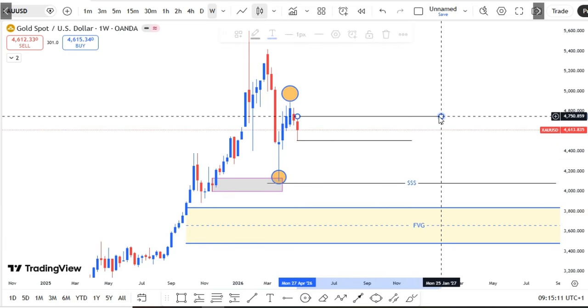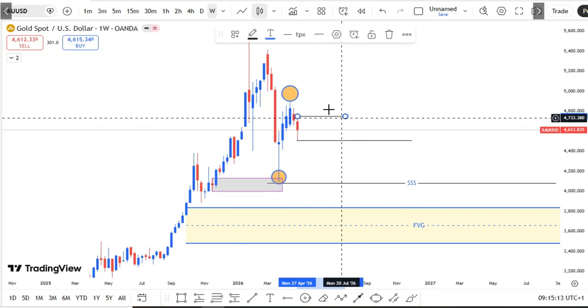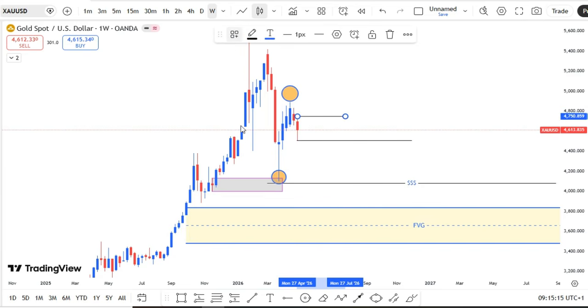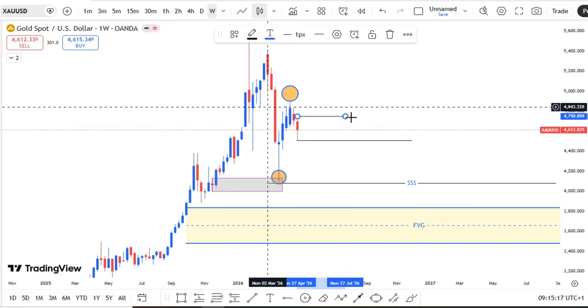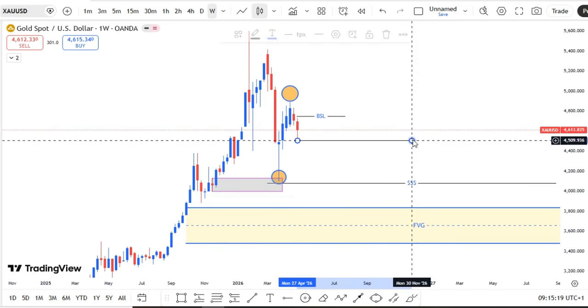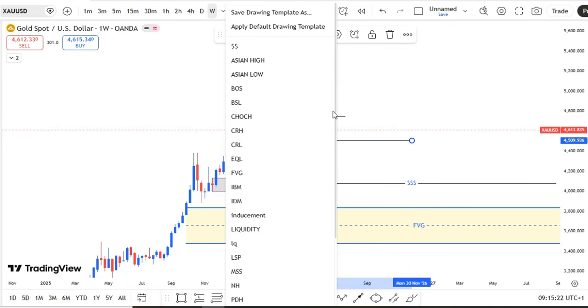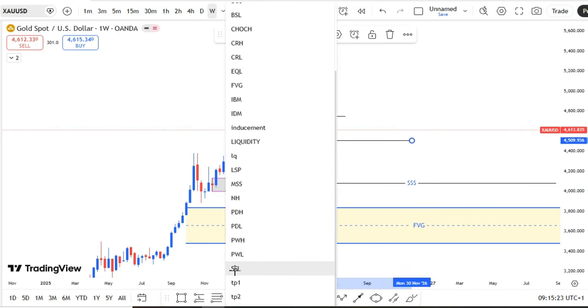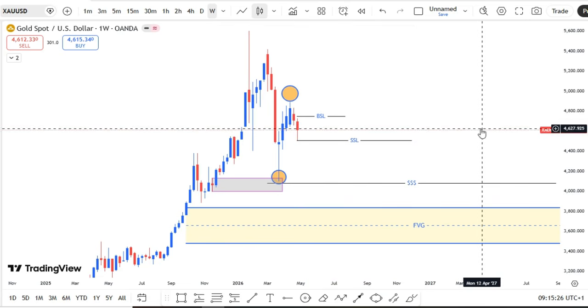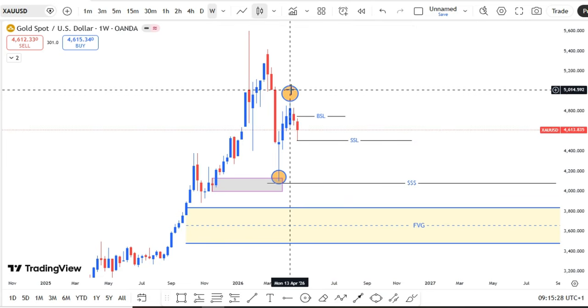Price would then continue with the bullish move. So we have that as our buy side liquidity, and that is our sell side liquidity.